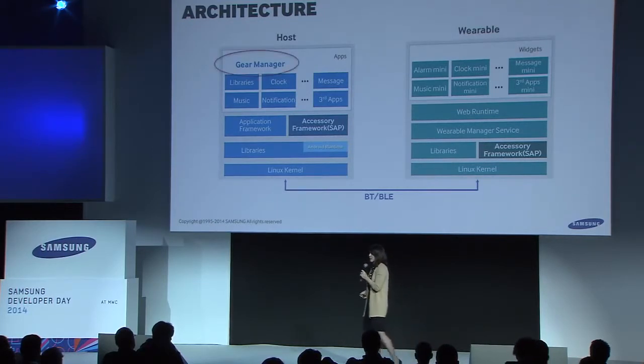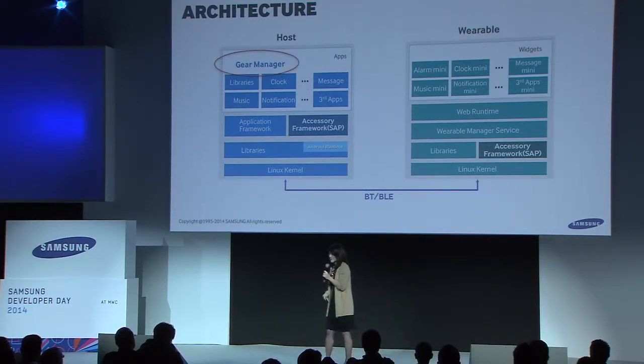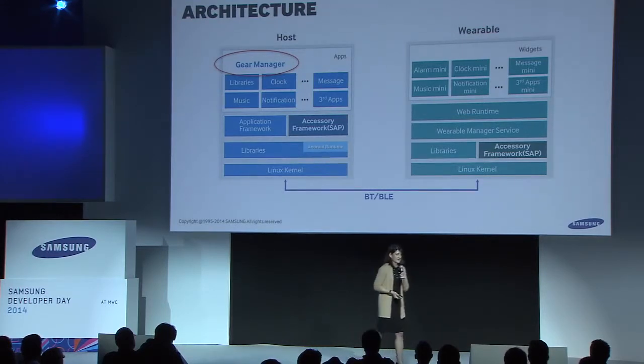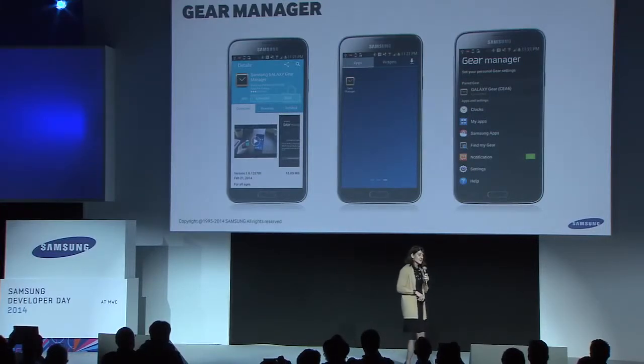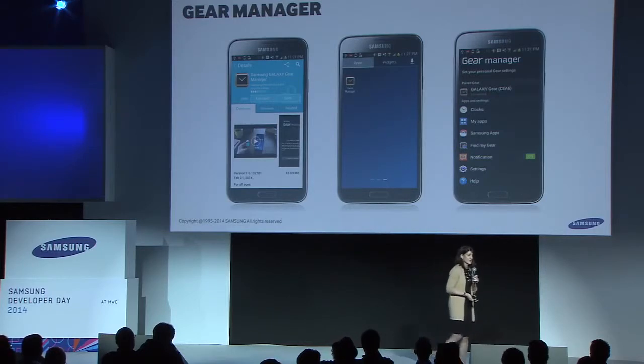And then the last thing I want to point out is the Gear Manager, which is very important. As a developer, you need to know that this thing exists. You have to download the Gear Manager from Samsung Apps. When it's downloaded and you launch it, it opens an app with a list of options for the consumer to use.